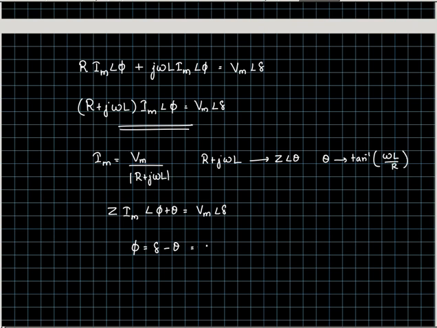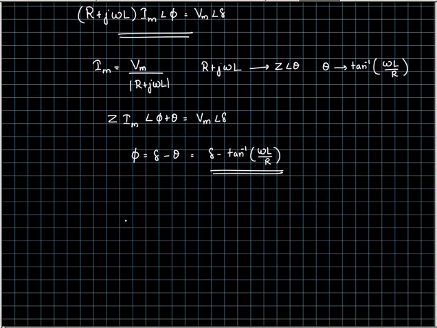So this then gives me phi as delta minus tan inverse omega L divided by R. So the advantage we have gained here by using phasors is that the differential equation was reduced to an algebraic equation in complex variables, which will directly allow us to calculate Im and phi.